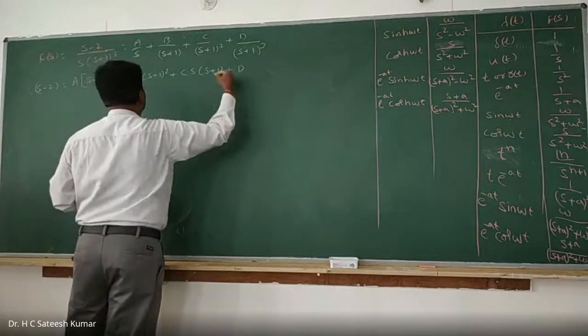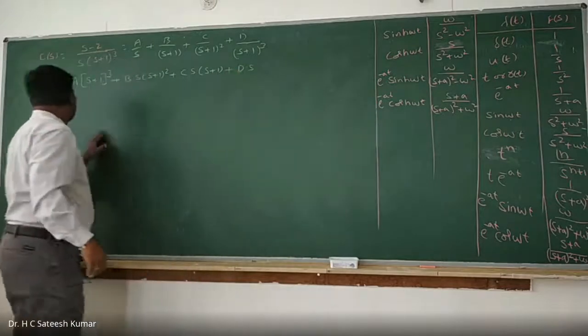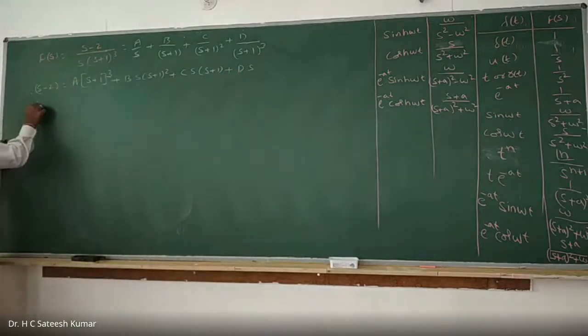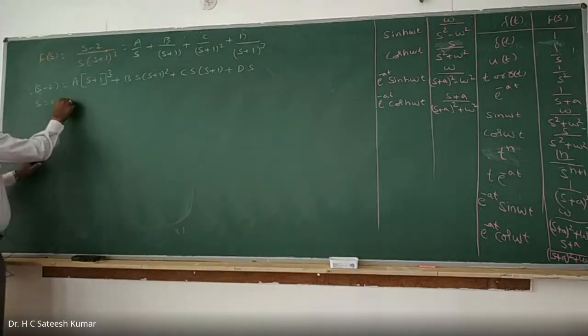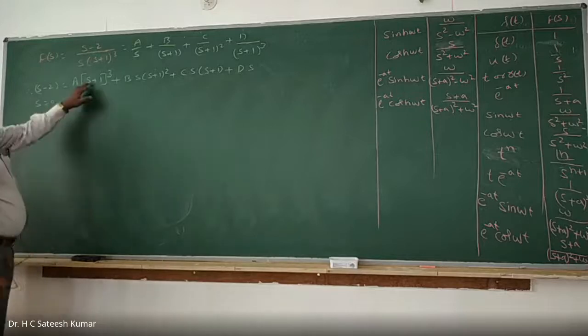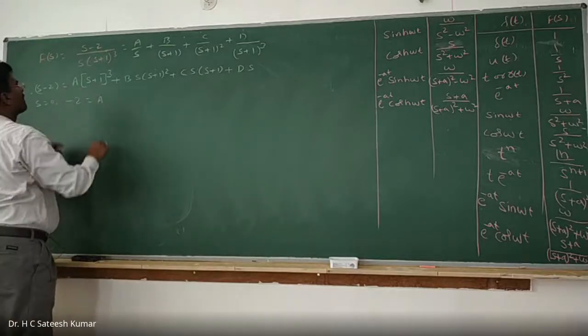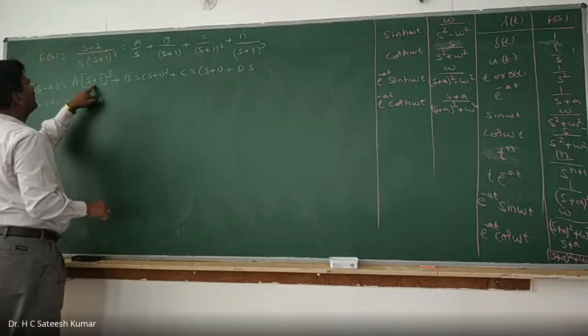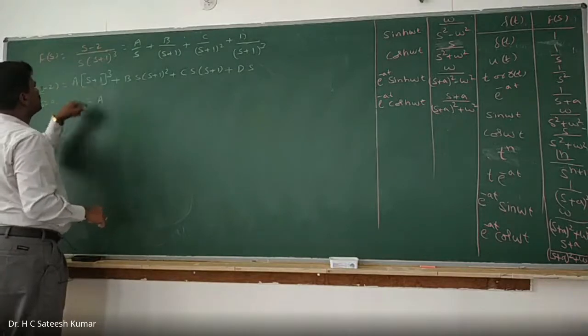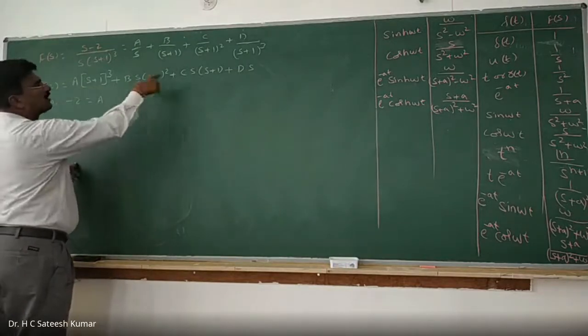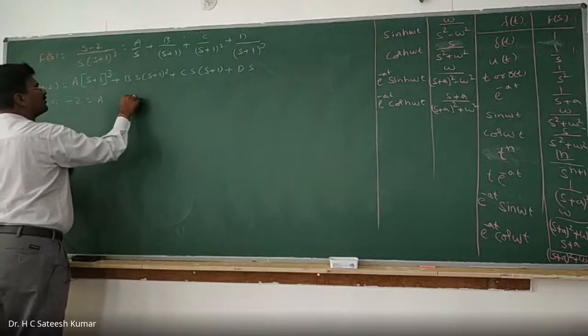Put S is equal to 0 first. If S is equal to 0, what are we going to get? This is minus 2, which is equal to A into 1 cube. For S equal to 0, all the other terms are 0. Therefore, A is equal to minus 2.